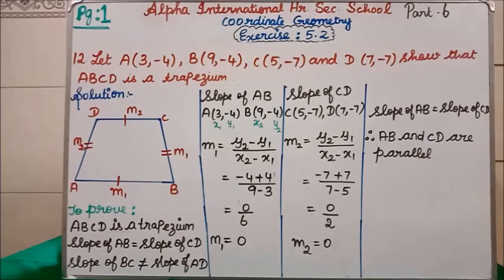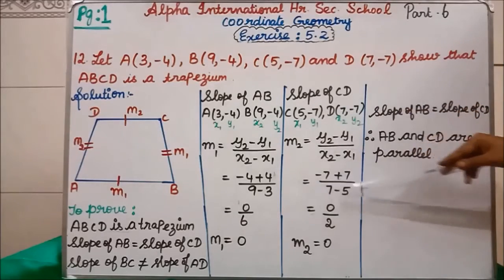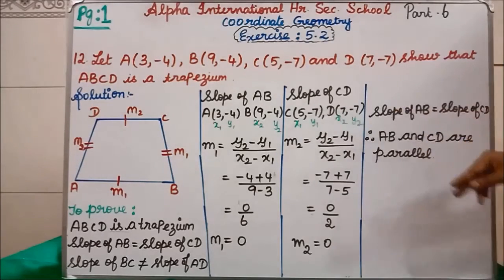C point and D point we know, again the two-point formula. Here also x1, y1, x2, y2 you have to write. What is our y2? Minus 7, y1 is minus 7, so minus minus will become plus, divided by 7 minus 5, 0 divided by 2, we are getting m2 is equal to 0. See, m1 is also 0, m2 is also 0.